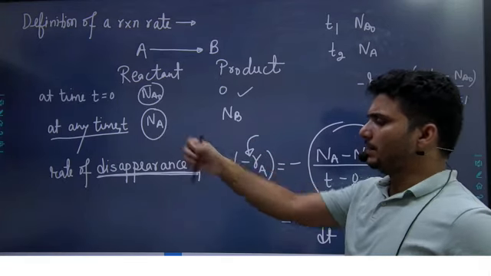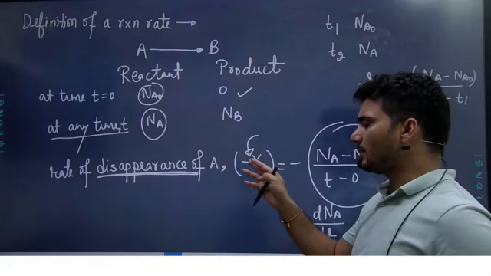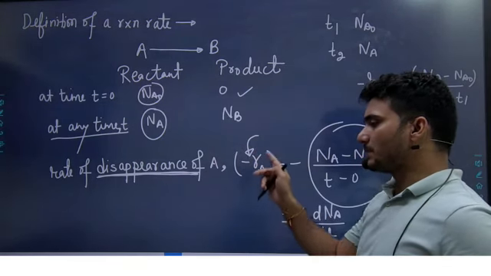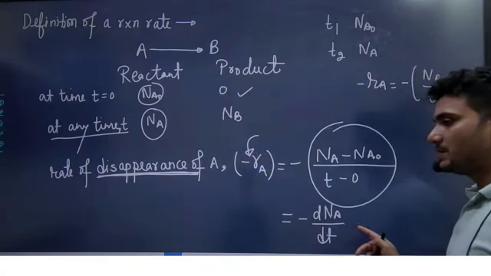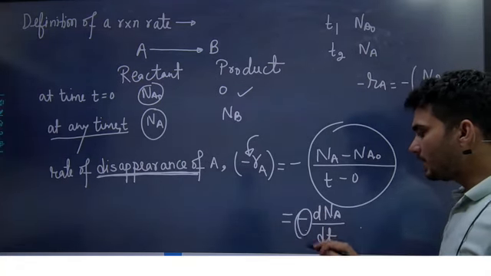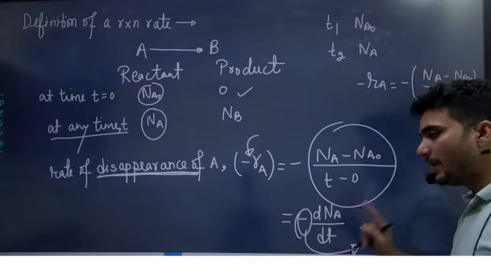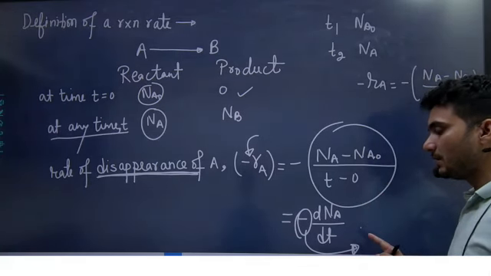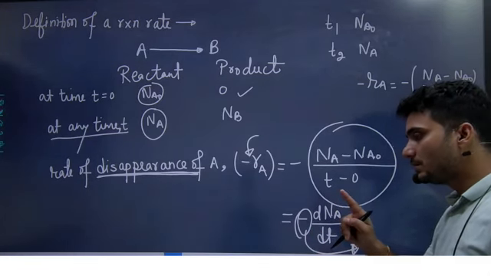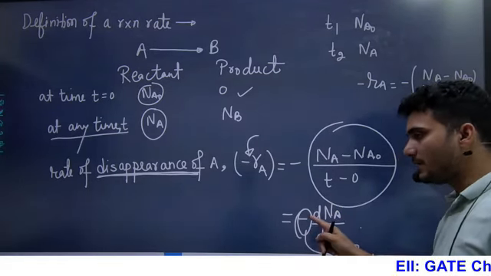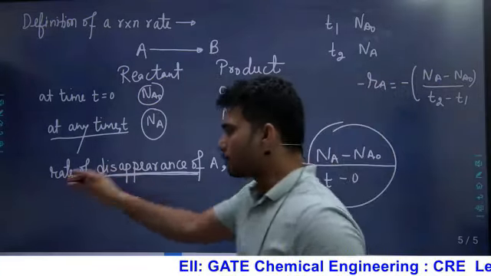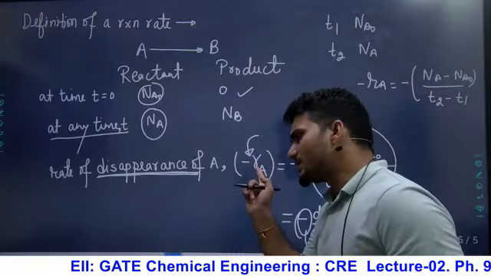If there is more than one reactant I can write minus Ri. There is only one reactant, so I am writing minus Ra equals minus dNA by dt. This negative sign will be used in mathematical manipulation and calculation. You cannot skip this sign. Minus Ra basically shows that R stands for the rate.